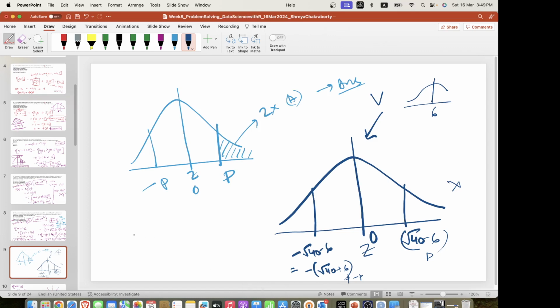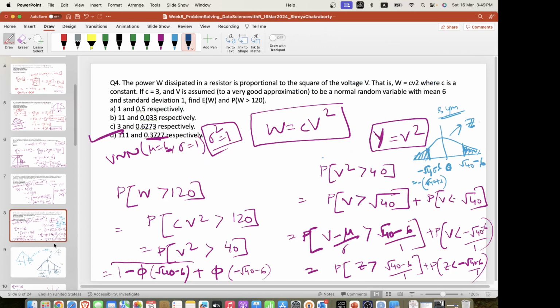So in such cases, it is best not to do a 2 into of these things. It is better to write it down explicitly and then use the software to get the values, unless you are 100% sure that the symmetry around 0 can be utilized.